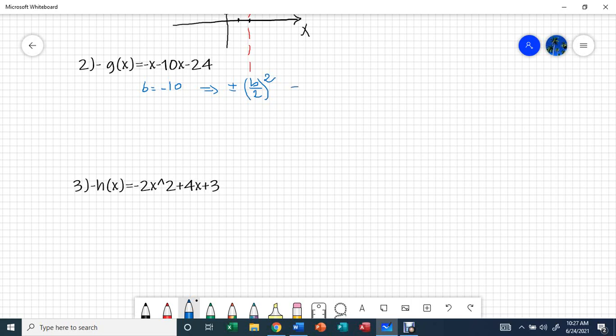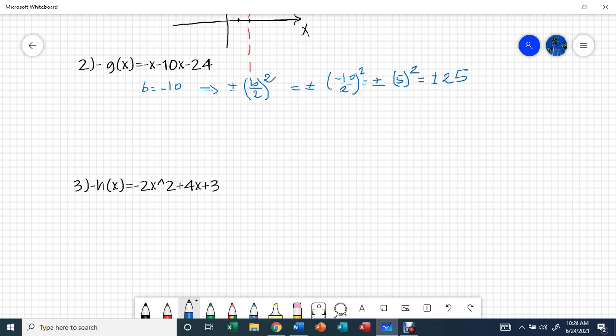So in our case we're going to add and subtract (negative 10 over 2) squared, which is adding and subtracting 5 squared, which is adding and subtracting 25.